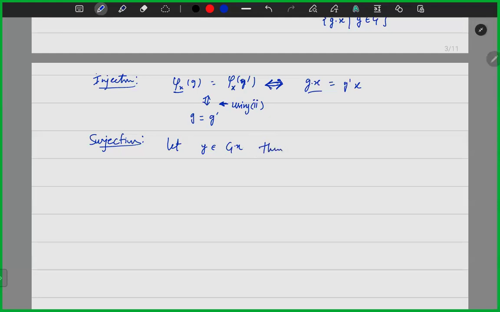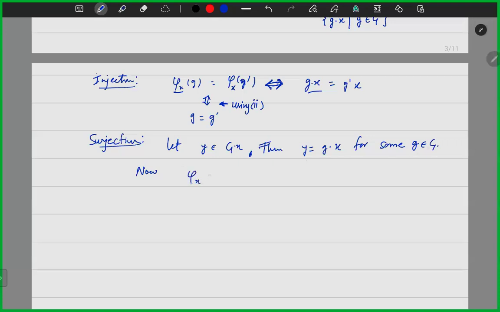Then y is equal to g dot x for some g, right, inside G. Now we got the preimage of y is equal to g.